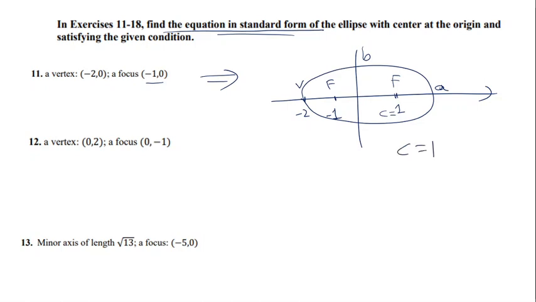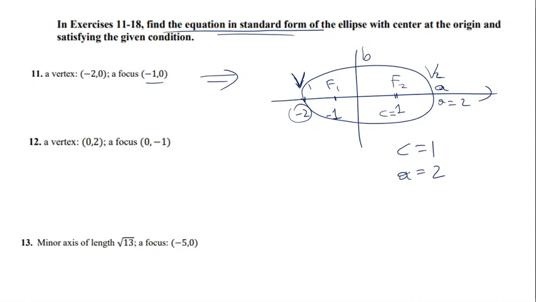And what is A? We have two vertices, let's say V1 and V2, and the focus F1. If this is minus 2, A should be equal to 2 because it's symmetric.